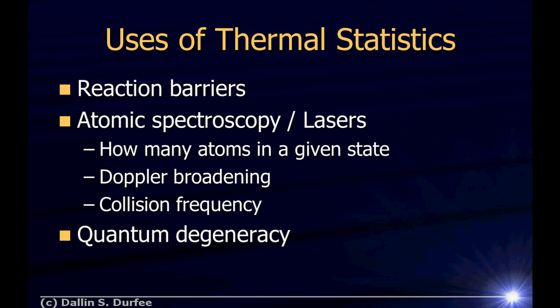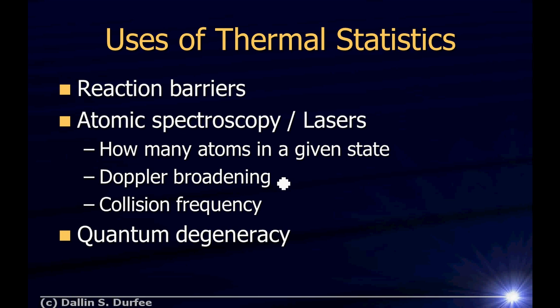In atomic physics and lasers, oftentimes you wonder how many atoms are in a given state. If I'm going to make a laser, I need to know how many of them are in the excited state and how many of them are in the ground state. If I have my laser beam being absorbed by atoms, atoms in the ground state will absorb the light, atoms in the excited state will actually be stimulated to come back down to the ground state and give off more light. So we need to calculate how many atoms are in a given state.